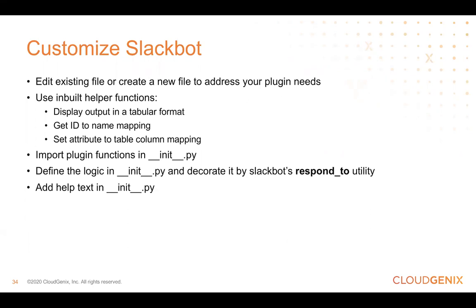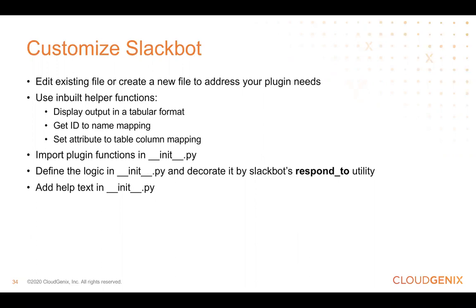Next thing you want to do is use inbuilt helper functions to format your output. So either display it in a tabular format, do some form of name to ID mapping, or rename the display columns of the tables that will be displayed on Slack. There's a whole bunch of helper functions that we've already built in that you can leverage. Next, define a logic in the init.py file and decorate it with Slackbot's respond to utility.